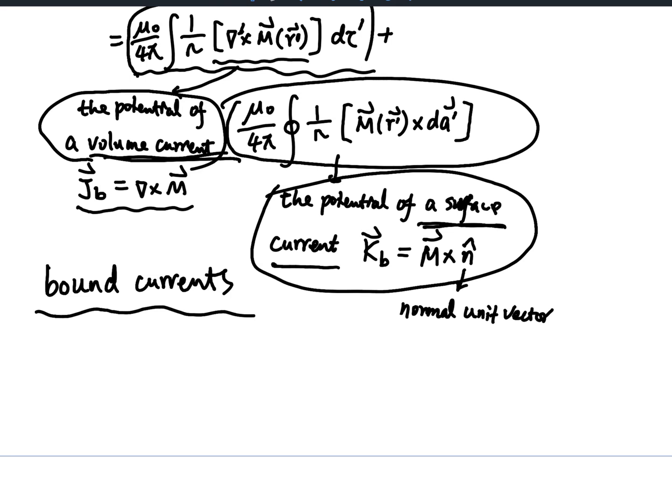Bound currents. You remember that for the electrical case, the field of a polarized object really is the same as that of a bound volume charge and a bound surface charge.